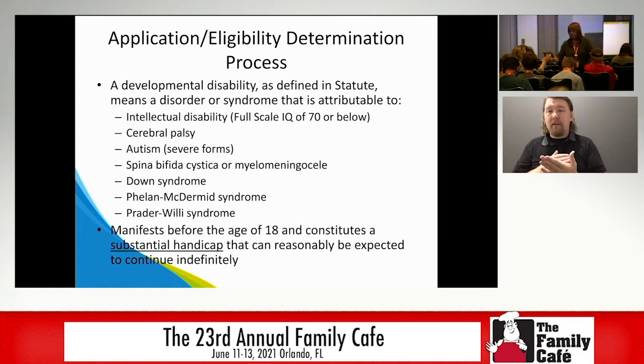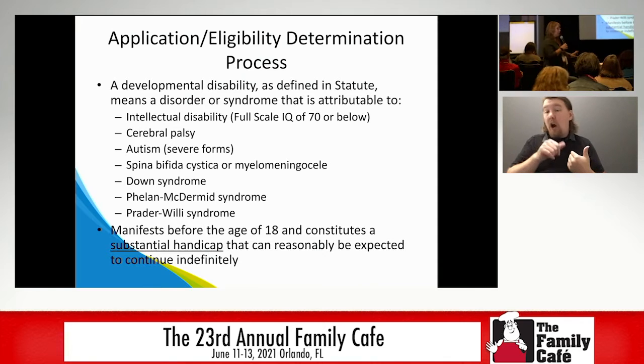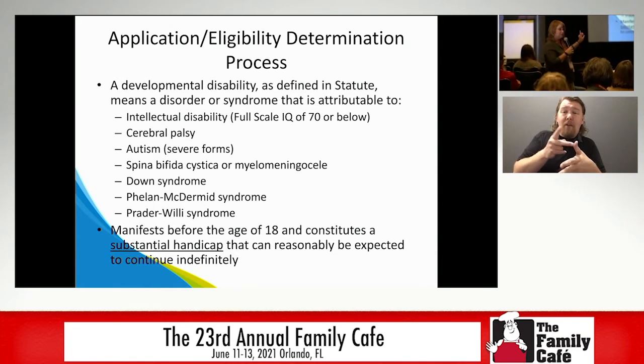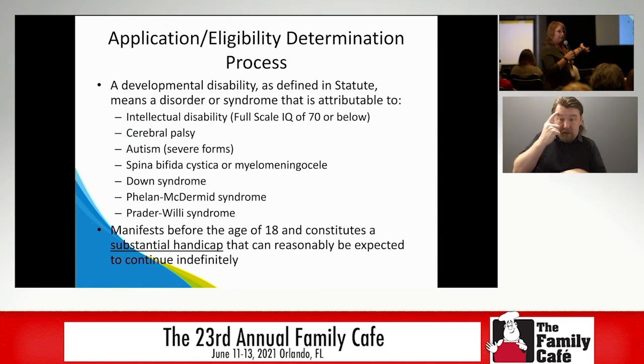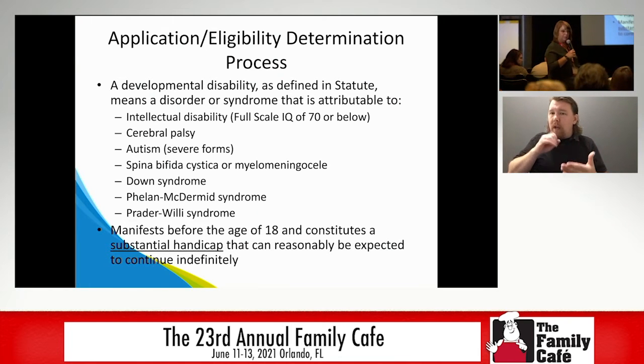Sometimes your son or daughter may have another diagnosis, but if that diagnosis includes a diagnosis of an intellectual disability with an IQ of 70 or below, then they would be eligible, which happens a lot. People get a primary disability of something else that's not on the list, but if that affects their intellectual disability, as indicated prior to the age of 18, then they would be eligible.